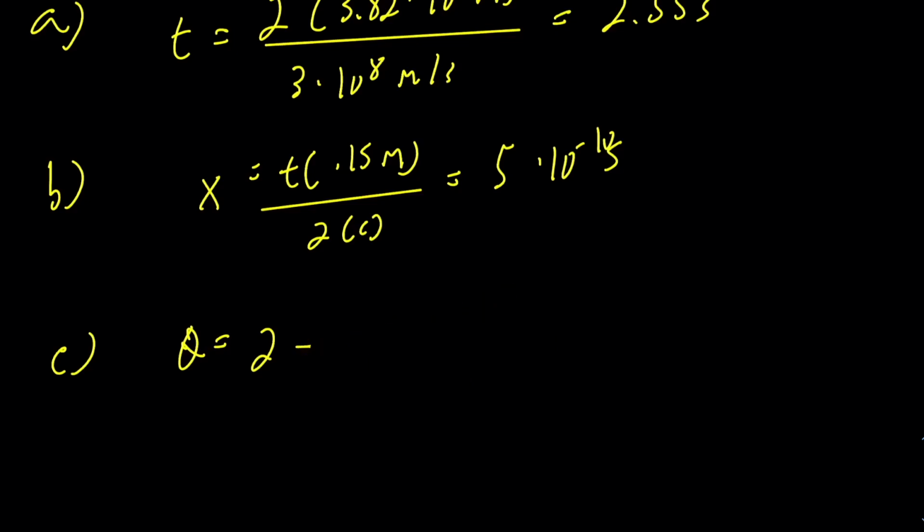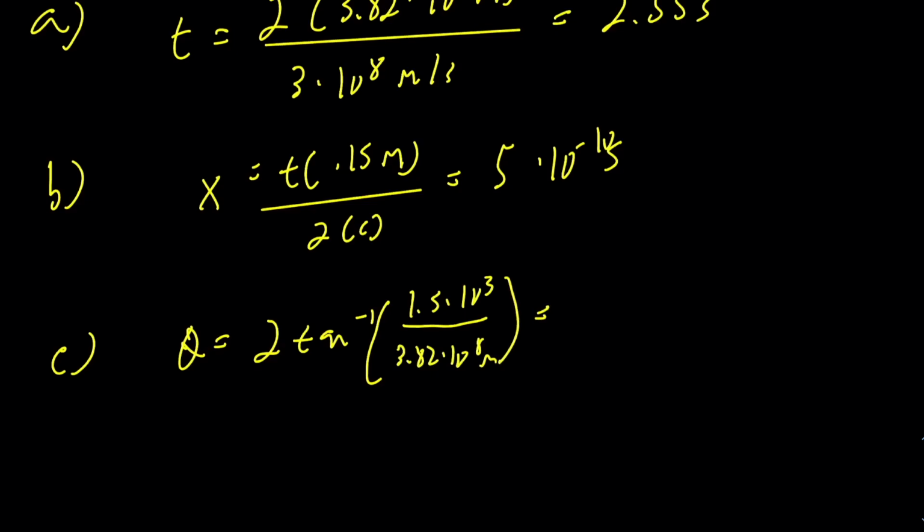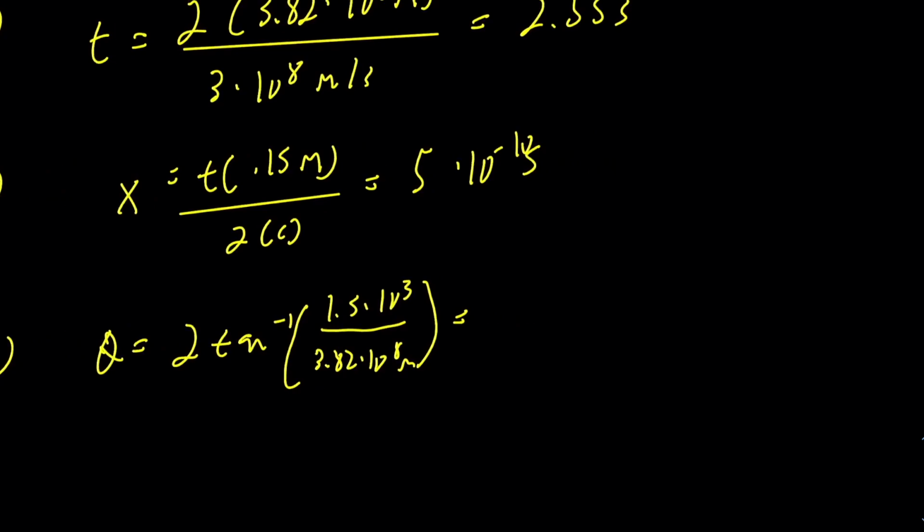Oh, misread my calculator. Okay, so the angular divergence is 2 times arctangent of 1.5 times 10 to the third divided by the distance between the two bodies, which is 3.82 times 10 to the 8th meters. This will yield a result of 4.5 times 10 to the -4th degrees. I'm not sure if the answer is supposed to be in radians, but you can convert that on your own time.